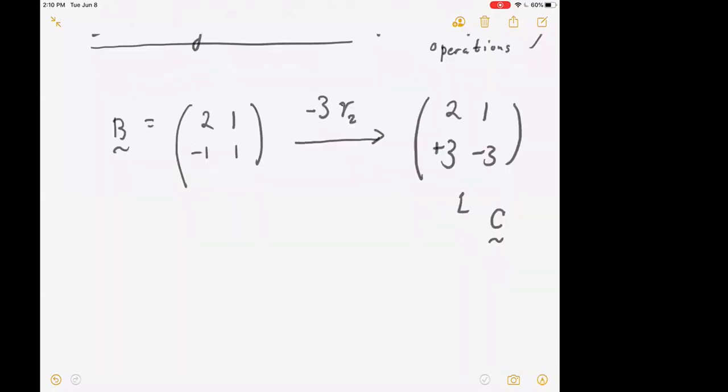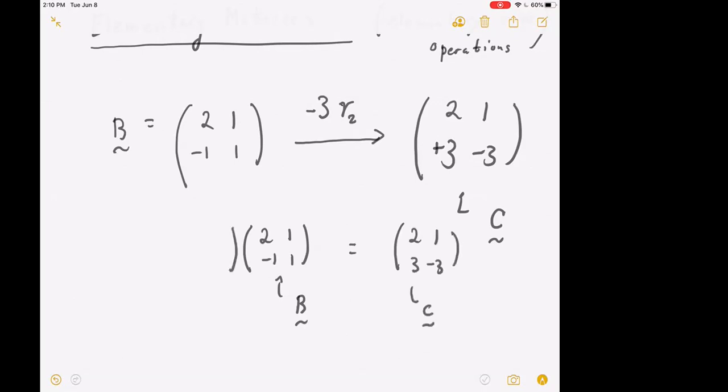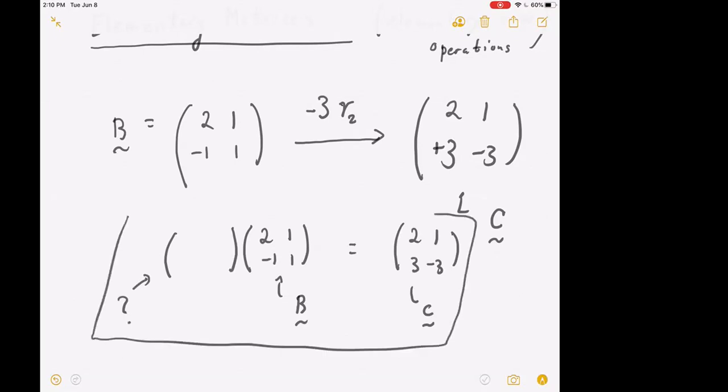So the question I want to ask is, if you give me the matrix B, and you want to turn it into a new matrix C, which is this, is there a 2x2 matrix that you could come up with that will make this equation true?